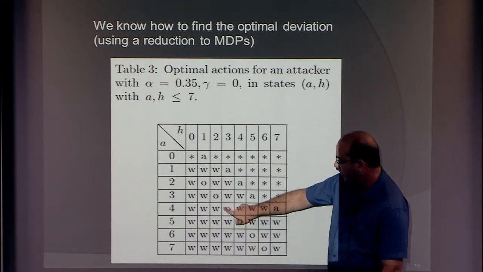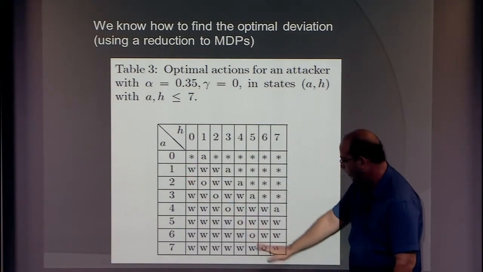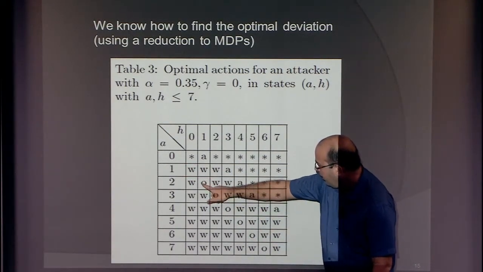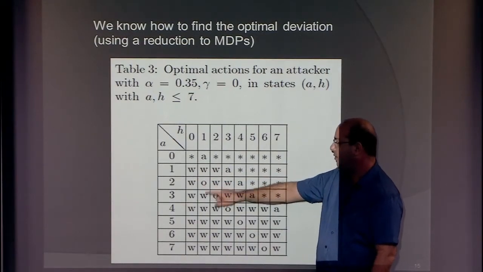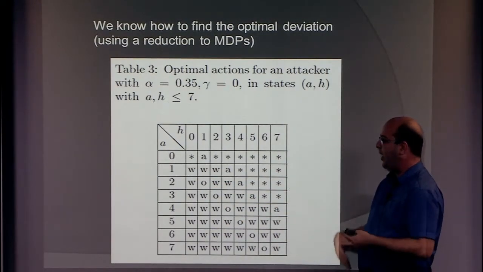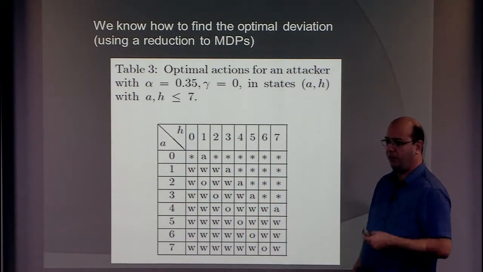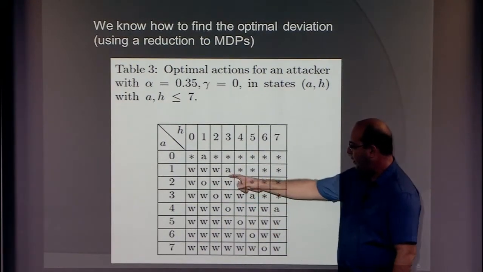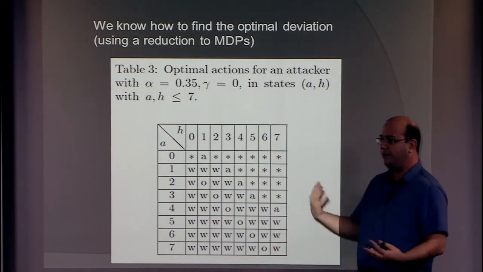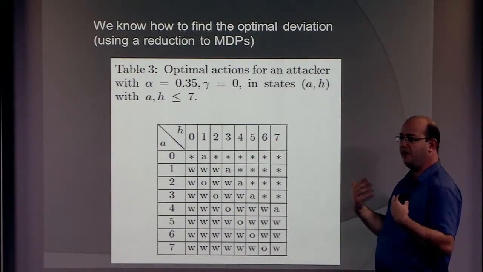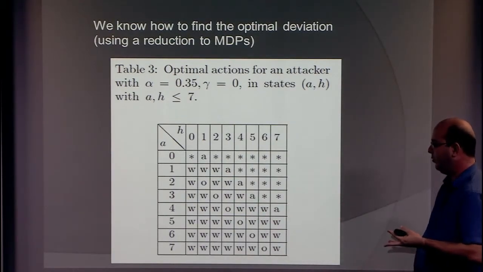Override, off the secondary diagonal here, basically says I will send my blocks out and I gain as a result. I destroy some of the blocks of the honest network. And adopt means that I give up my chance. I'm too far behind. There's no way that I'll profit if I continue.